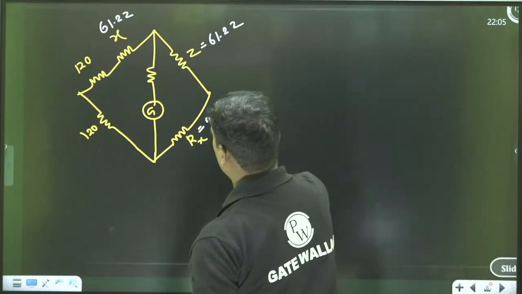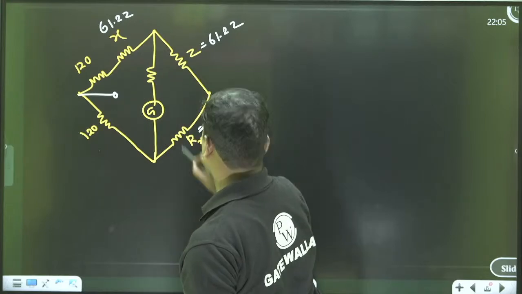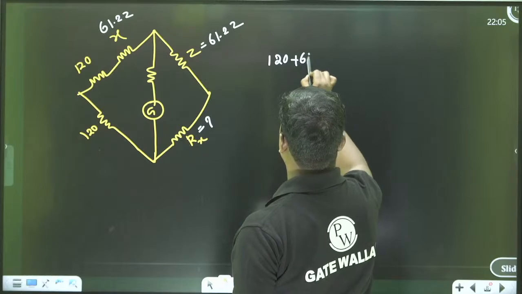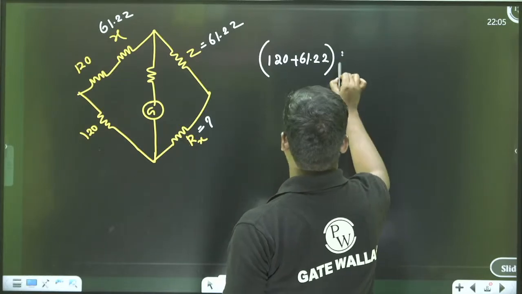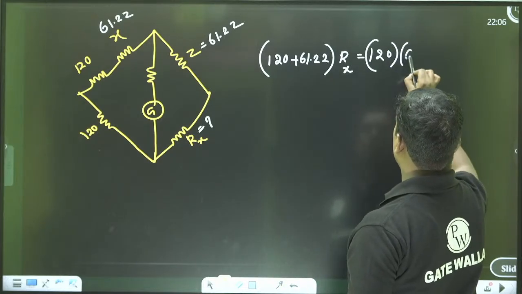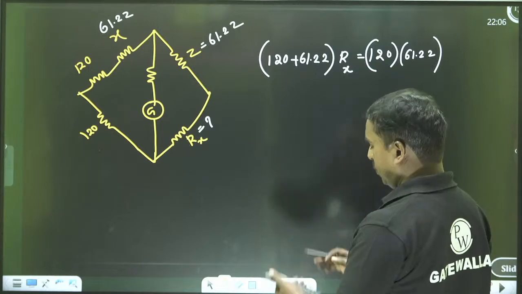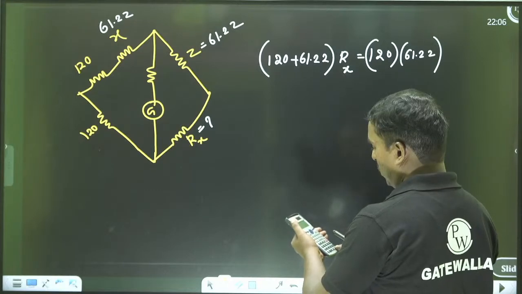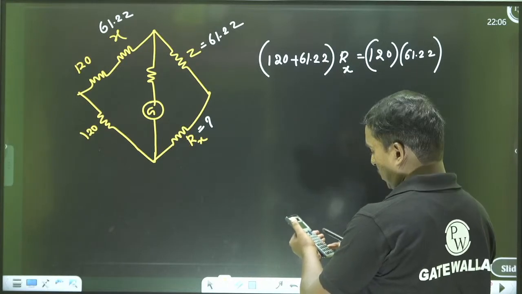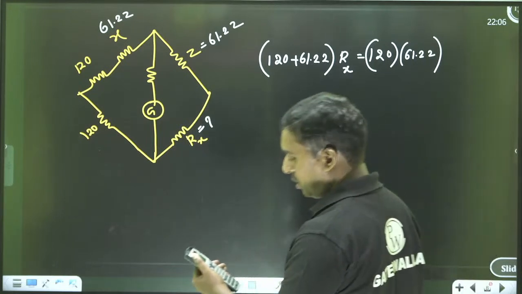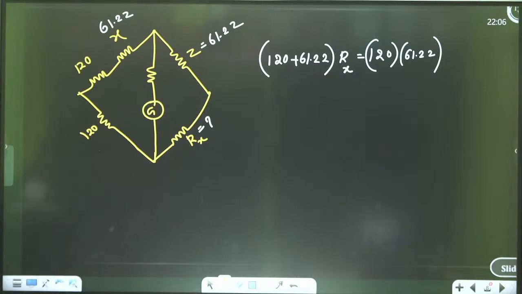Rx we have to find. So 120 plus 61.22 into Rx is equal to 120 into 61.22. So 120 into 61.22 divided by 181.2 is coming as how much? 40.5. Check with the answers.